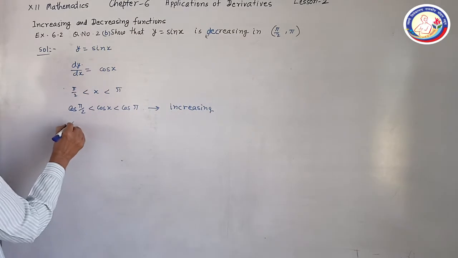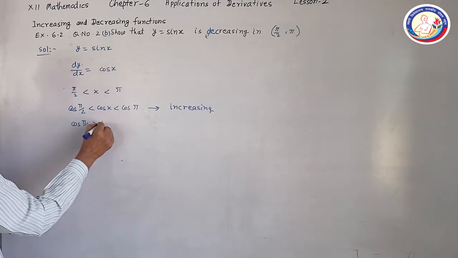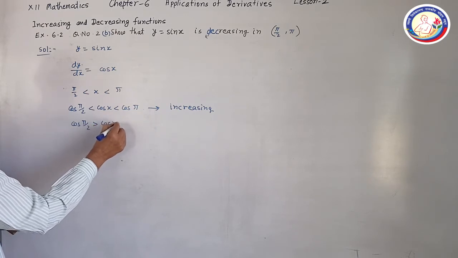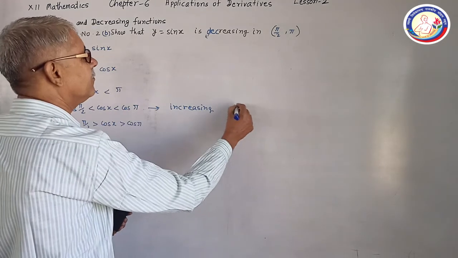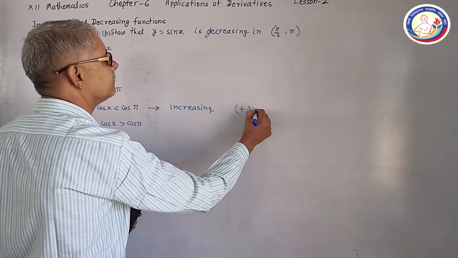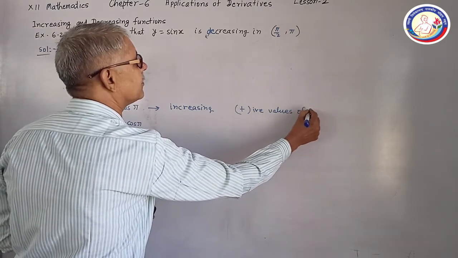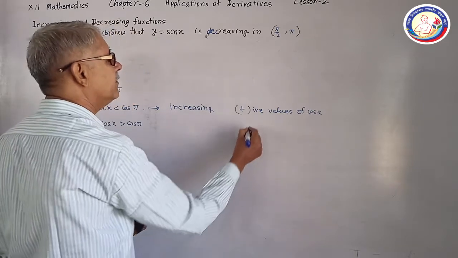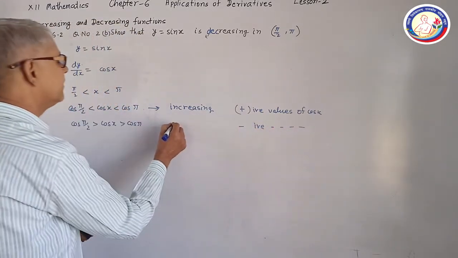and if positive values of cos x, and negative values of cos x, it will be decreasing.